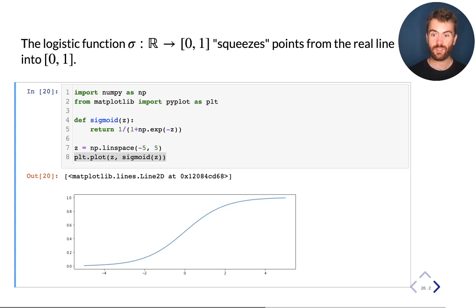If the output is not exactly 0 or 1, we can interpret it as a probability or as a confidence measure of how close we are to 0 and 1. So for example, if our model would output 0.5, then we would say that we're equally confident between the two classes. If we were to output 0.9, then we think that it's most likely class 1. So squeezing the numbers between 0 and 1 is something that's really reasonable for a binary classification problem.